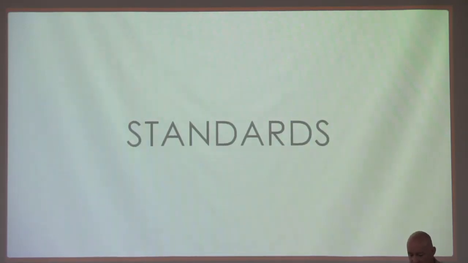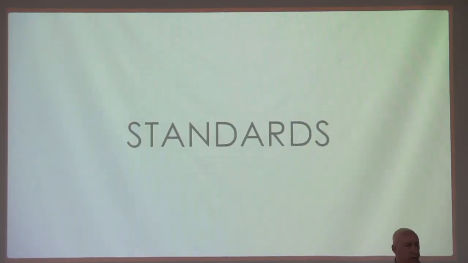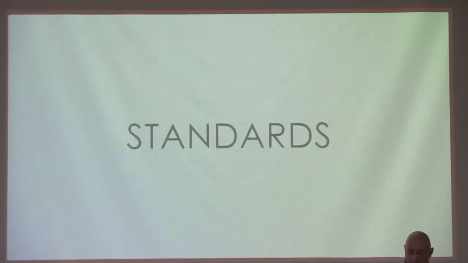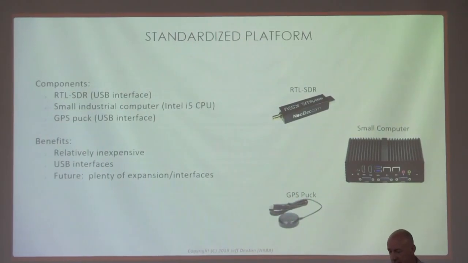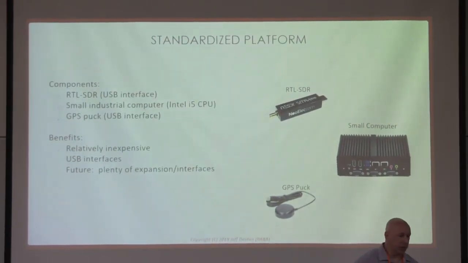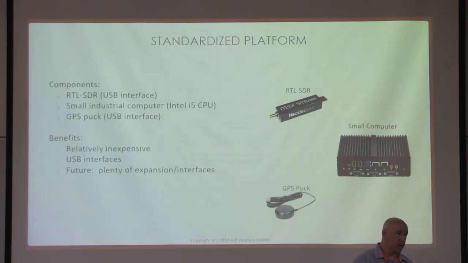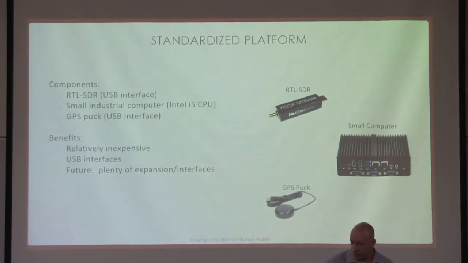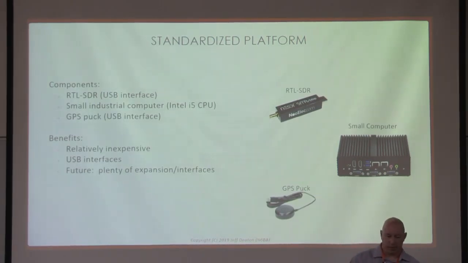So with that said, there's a lot going on there, and as you can imagine, there are many permutations we would probably have to account for, which is why we tried to standardize on some of the hardware. We standardized, of course, on that one little USB stick, which isn't much bigger than this laser pointer. It's relatively inexpensive, widely adopted, and has lots of open source software support. We standardized on a small industrial computer. This was an i5.